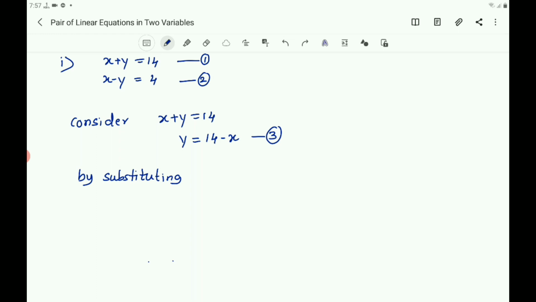For step 1 we have taken the first equation. For step 2 we have to take the equation which was not taken in the first step. Here the second equation was not taken in the first step, so you take that equation for the second step. That is, by substituting the value of y in equation 2.